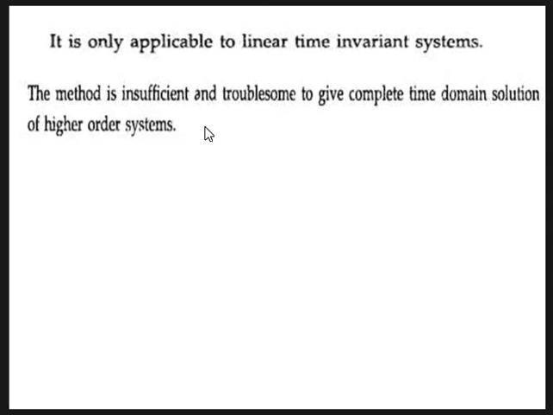That means if a given control system is a higher order system, then also the previous methods are not suitable to analyze it. These are the major drawbacks in the previous methods, that are time domain analysis and frequency domain analysis.